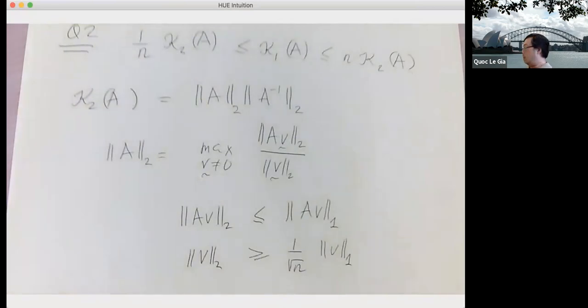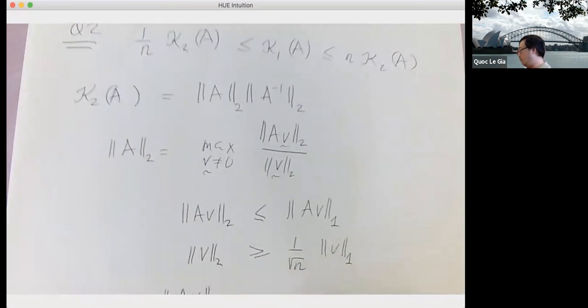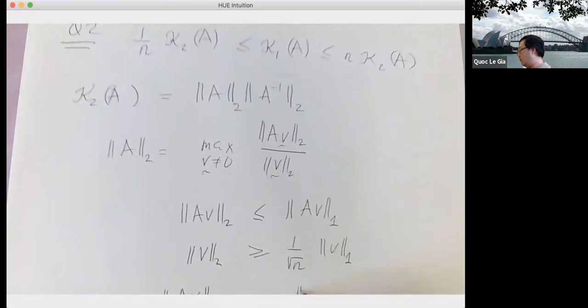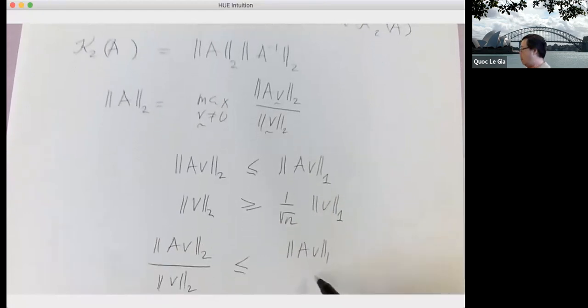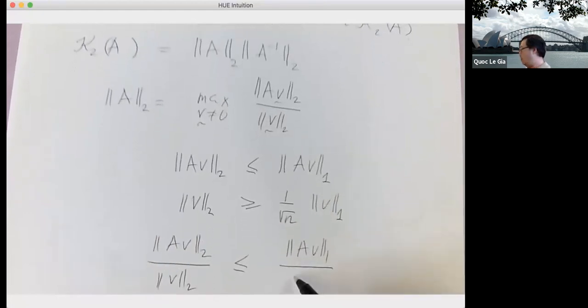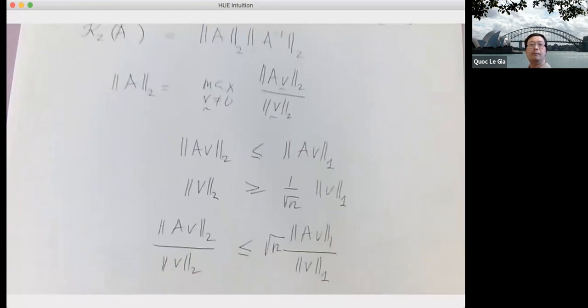So now I take the ratio. AV over V in the two norm is less than or equal to AV in the 1 norm over V in the 1 norm divided by square root n, so it becomes multiplied by square root n.